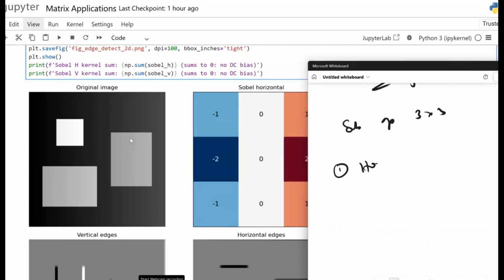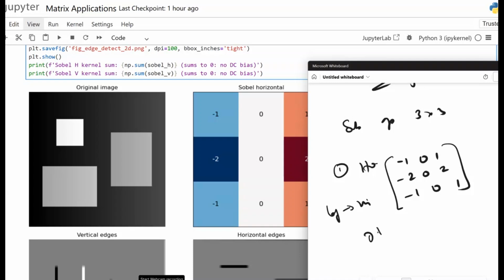It is minus 1, 0, 1, minus 2, 0, 2, minus 1, 0, 1. So it detects the vertical edges, the changes in the horizontal direction. It goes from left to right, and of course the left to right asymmetry computes an approximation of dou I by dou x.